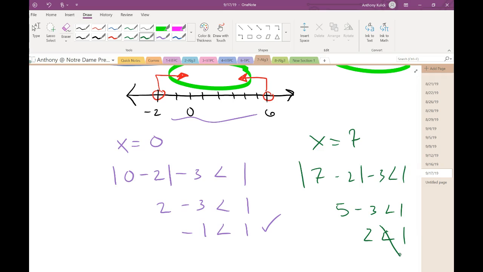Everybody okay with that? So what my answer is doing is describing all of the x's that satisfy this inequality. So they have to be between this value and that value, in this case, negative 2 and positive 6. Is everyone okay with that?